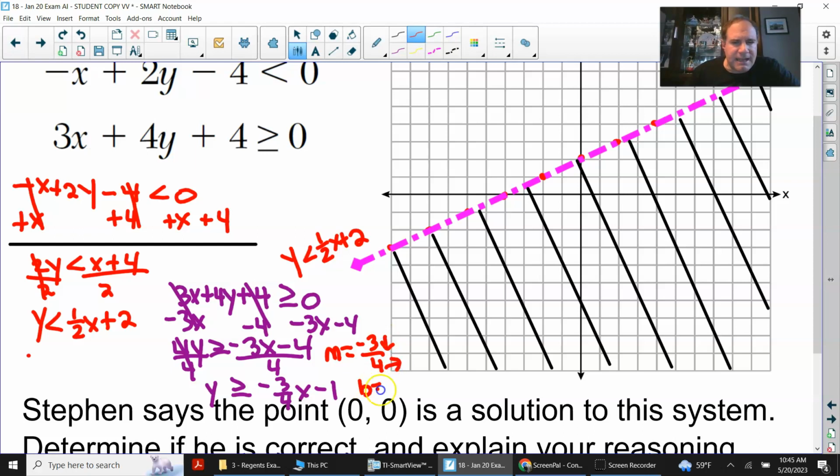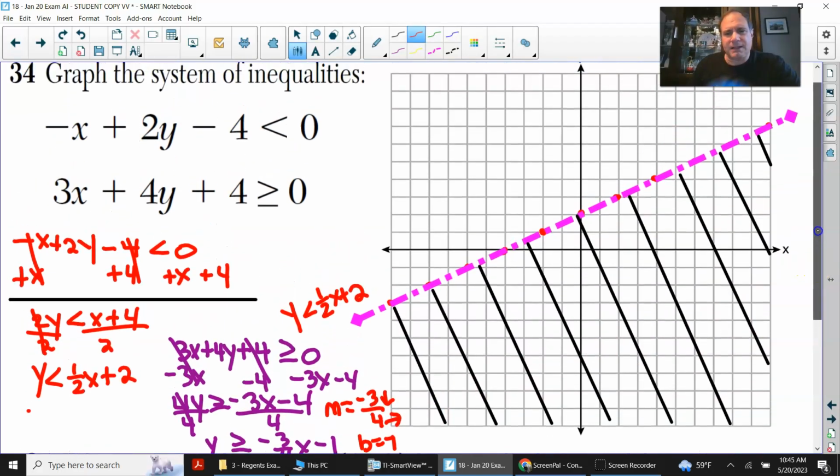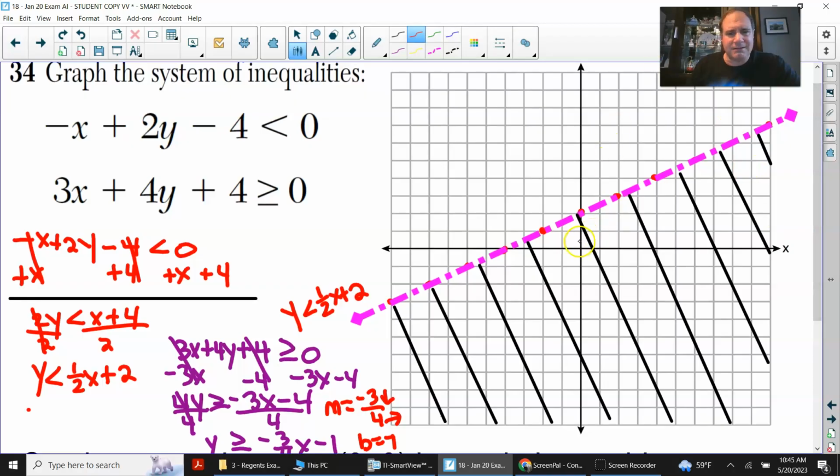The b is negative 1. So it would probably take me less time to do this by hand. If I start at negative 1, right? And I have to go down 3, 1, 2, 3, and to the right 4, 1, 2, 3, 4. And that's all I could go.